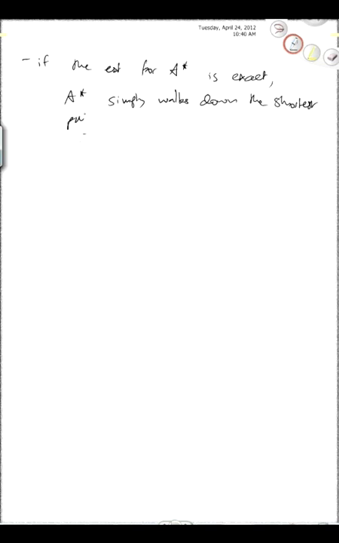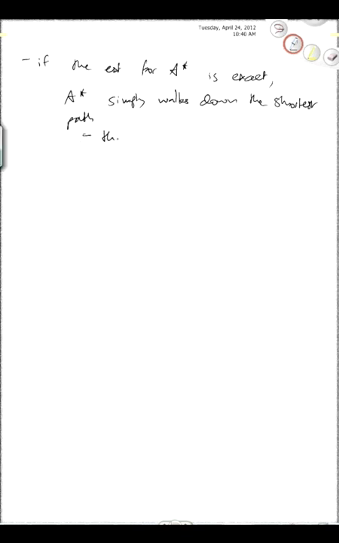If the estimate for A star is exact, A star simply walks down the shortest path. So if you give it an exact estimate, A star isn't going to waste any work. It's just going to take the shortest path directly to the destination.